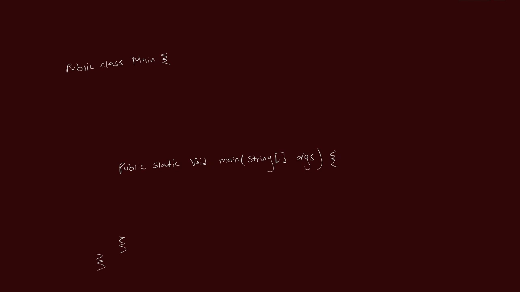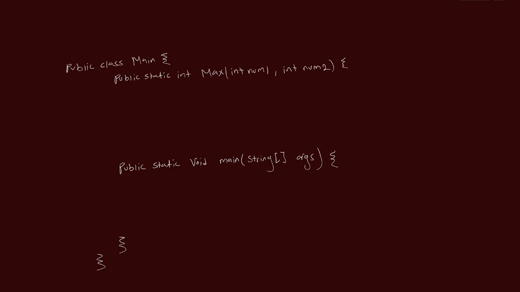Okay, so for this one, we're going to go over the concept of overloading methods. Let's create a method up here, public static int max. Our return type is going to be int, and we're going to pass in two parameters, int num1 and int num2.